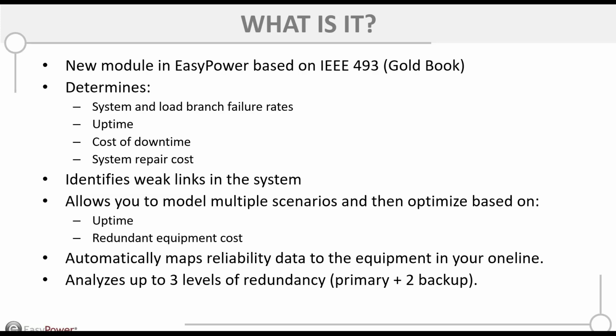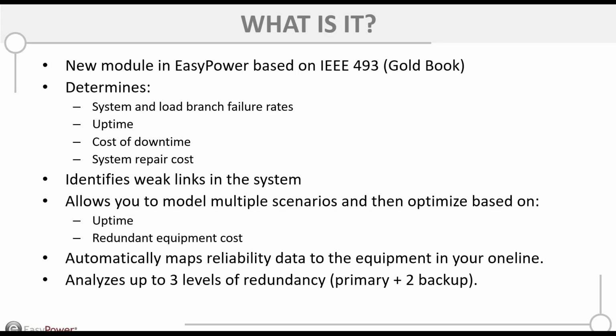Even if it were already in the product, doing that manually, equipment by equipment, would take a tremendous amount of time and probably not even be worth it. So we automatically attempt to map that reliability data. As I mentioned, the Annex Q data is classified by equipment type, and so with a click of a button, map it all to your data, populate the data, and then allow you to perform the analysis.